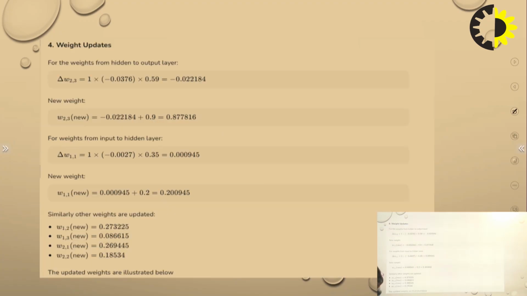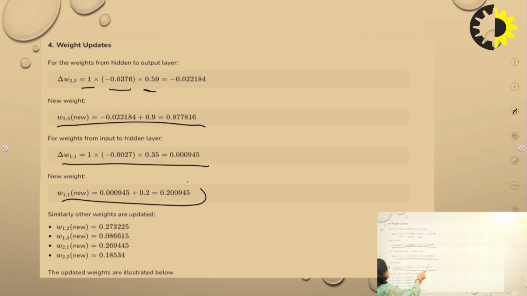Now the weights are updated. For the weights from hidden to output layer, W23 is equal to the old weight plus the learning rate times the delta and the output, and after that we get the new weights. Weights from input to hidden layer can be calculated in the same way.